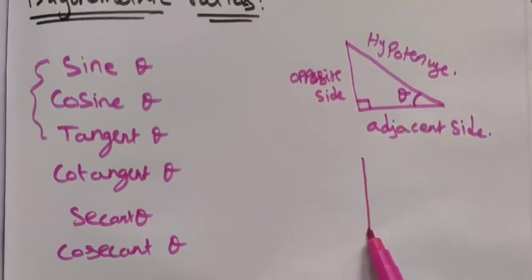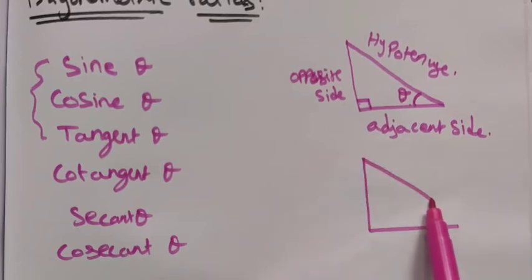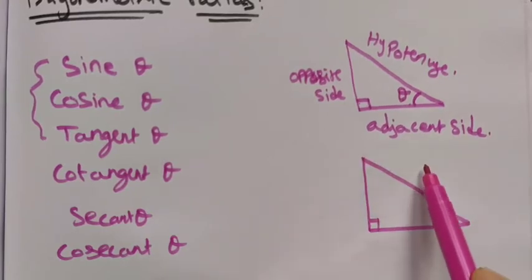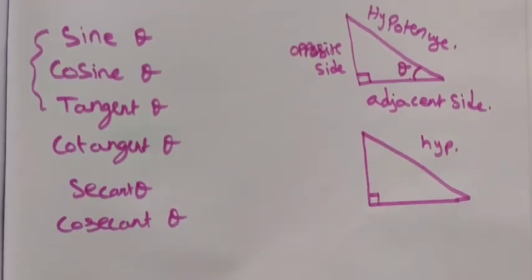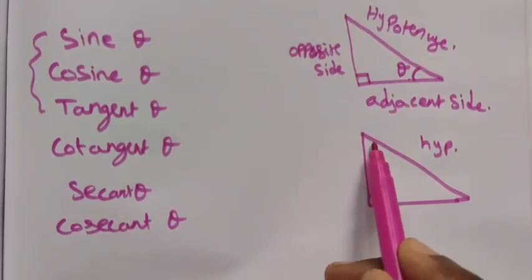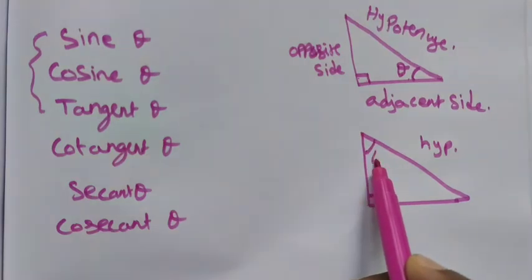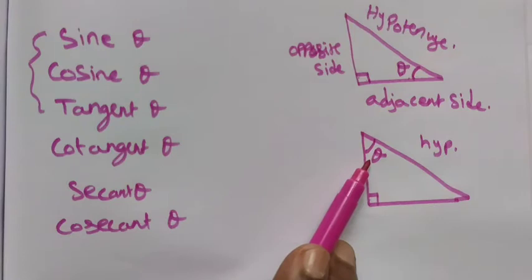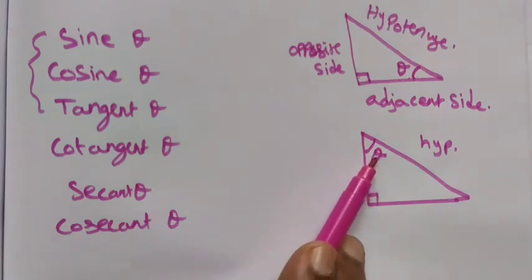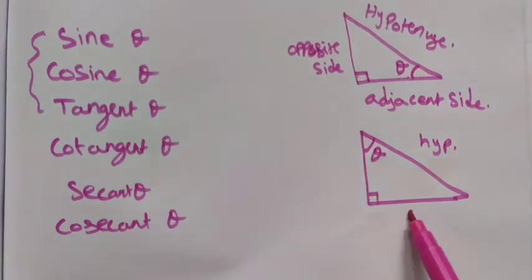Suppose in the same right angle triangle, this is the hypotenuse side, which we shortly write as HYP, right? If the angle is inclined here, see the difference. If the angle theta is here, the angle's opposite side is the opposite.